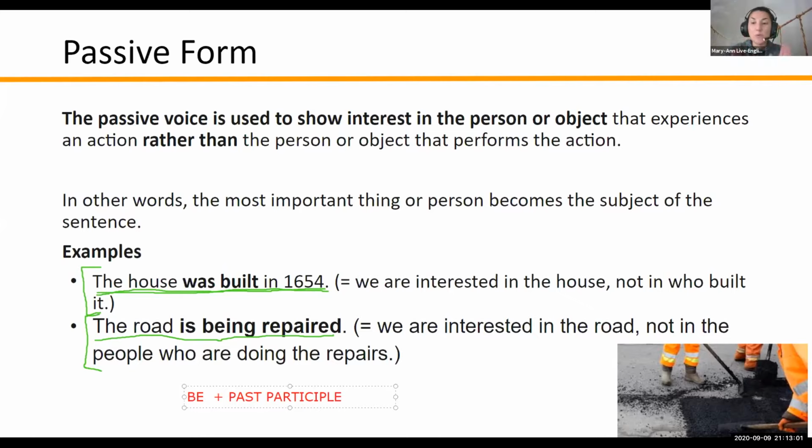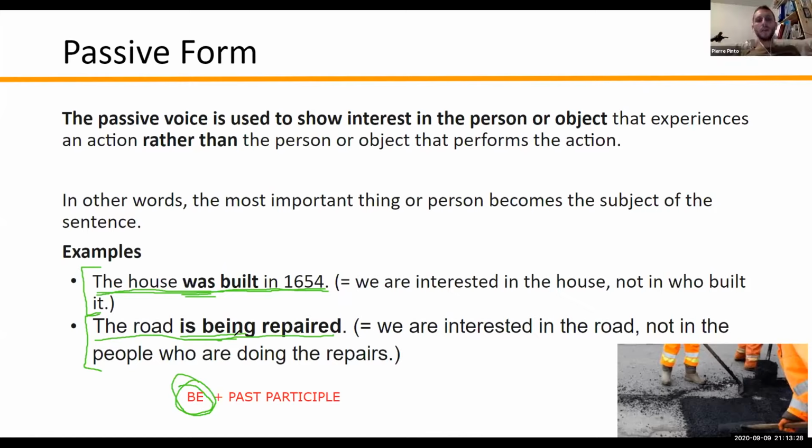Okay, it's always going to be the past participle, but it's really important to remember that the verb be, okay, is what's going to indicate the tense. So in this case, the passive voice is in the past, was. In this case, the passive voice is in the present continuous, is being. Okay.